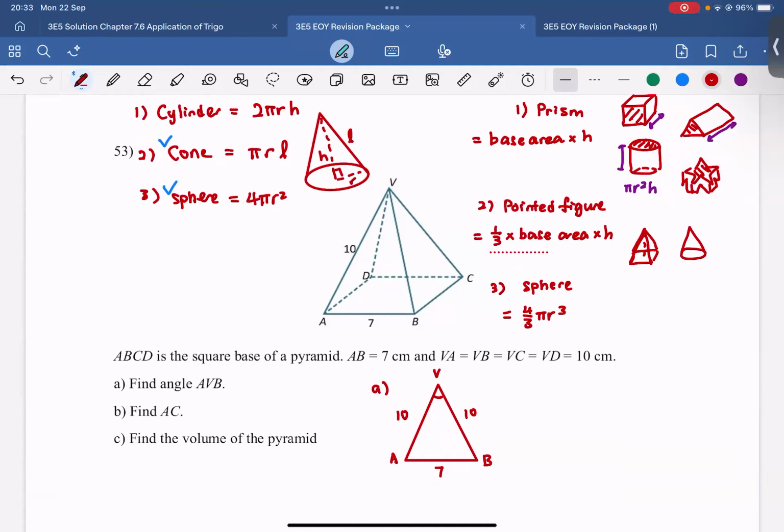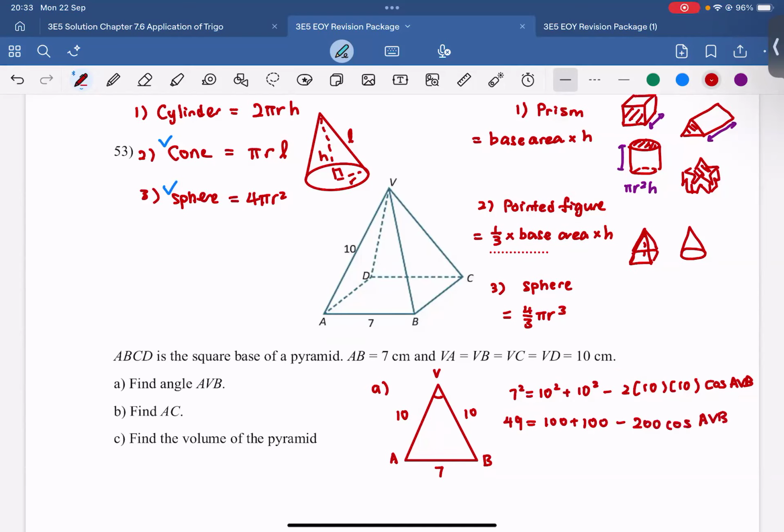We use cosine rule, right? When we got 3 sides. So 7 square equals to 10 square plus 10 square minus 2 times 10 times 10 times cosine AVB. Okay, be careful with this, right? Remember when we press, we have to be careful. We cannot press this whole chunk in one go, because of BODMAS, we have to calculate them separately. 100 plus 100 minus 200 cosine AVB.